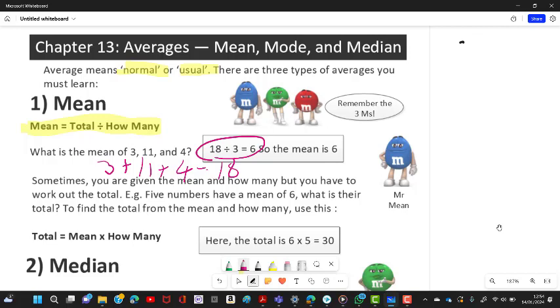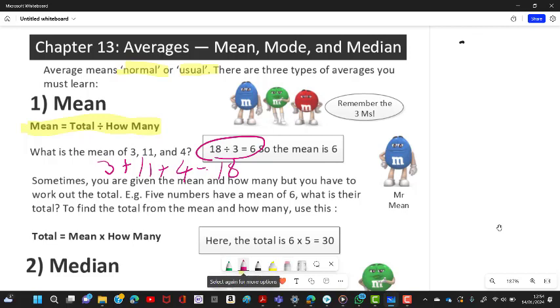Now you might get a question. These are the difficult mean questions, where you're given the numbers, how many numbers there are, and you're given their mean. You have to find out the total. So let me repeat again.